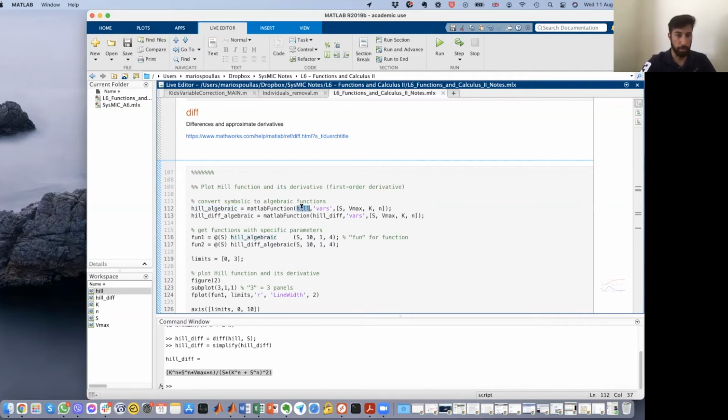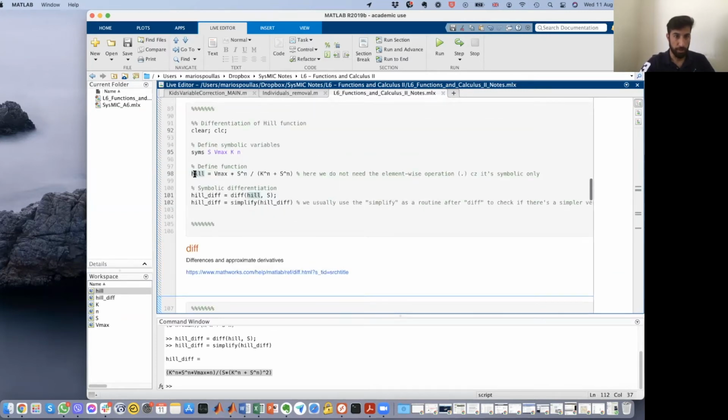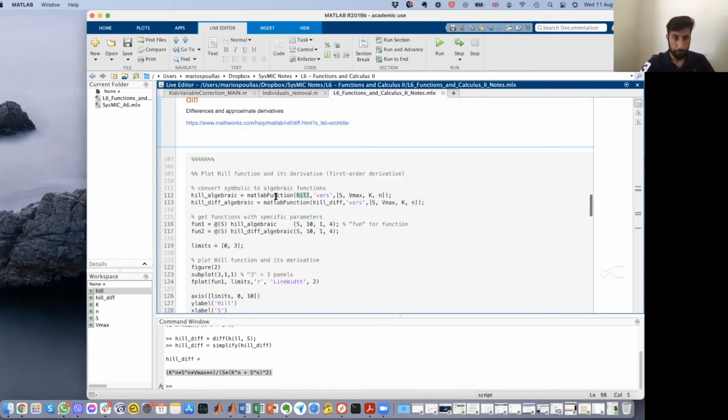And the variable that we are converting is the Hill, which was defined earlier as the Vmax times S over K plus S, each in the power of N. You might remember from the previous lecture that in the MATLAB function, we first mention the symbolic function that we need to convert into algebraic.